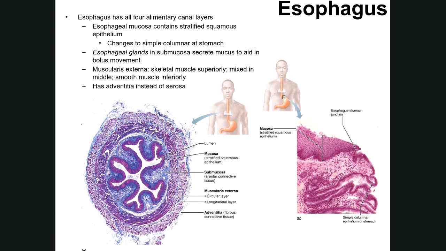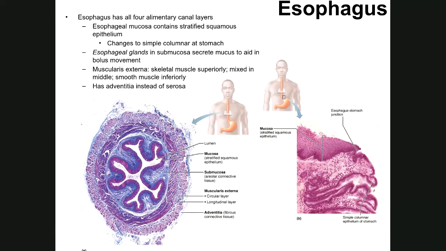The epithelium is stratified squamous, and as soon as you reach the stomach, you see how it connects to the cardia by this sphincter. In the stomach, this epithelium is no longer stratified squamous, but simple columnar.